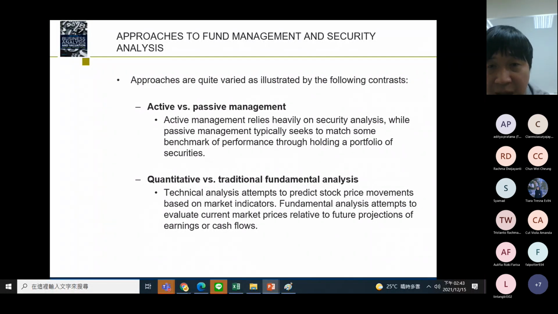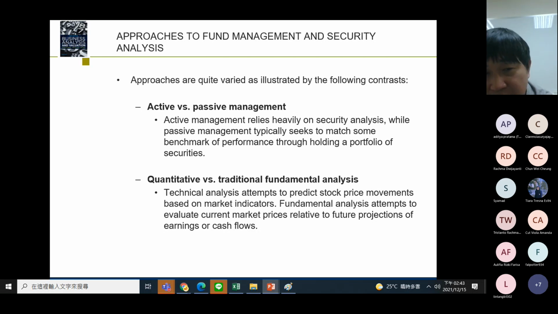Active management relies heavily on security analysis, while passive management typically seeks to match some benchmark performance through holding a portfolio of the securities.